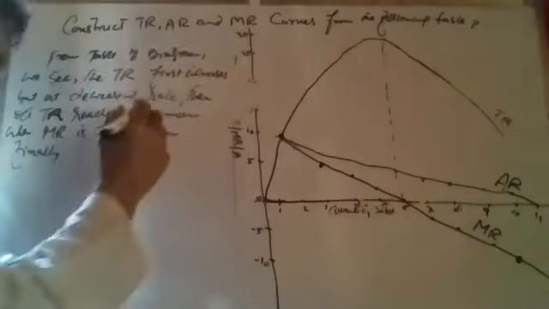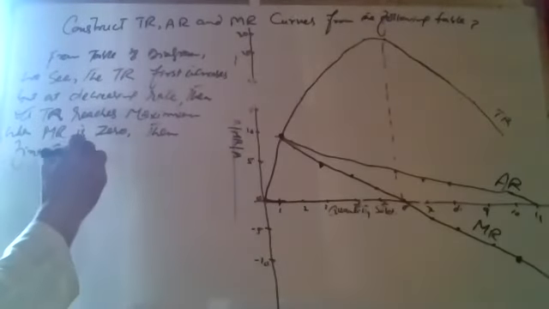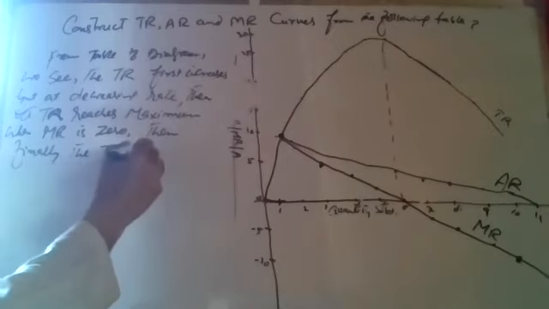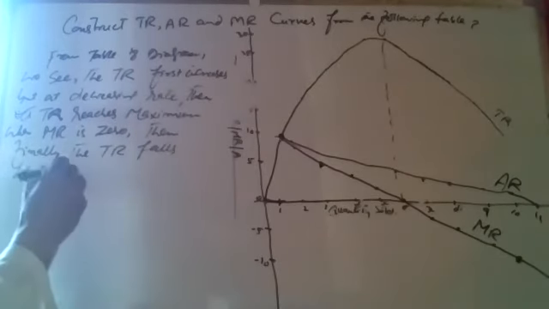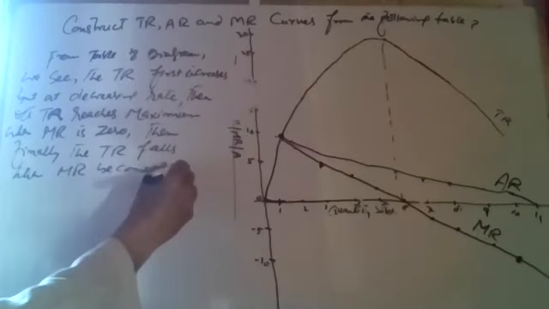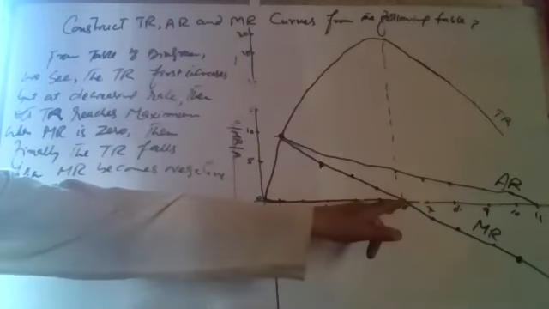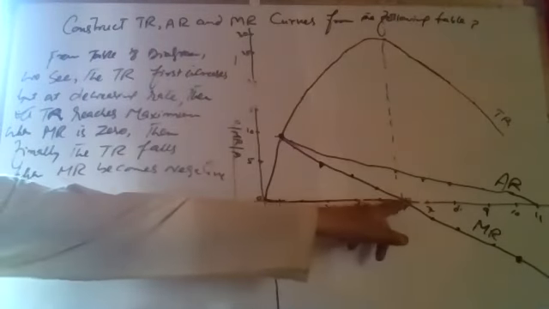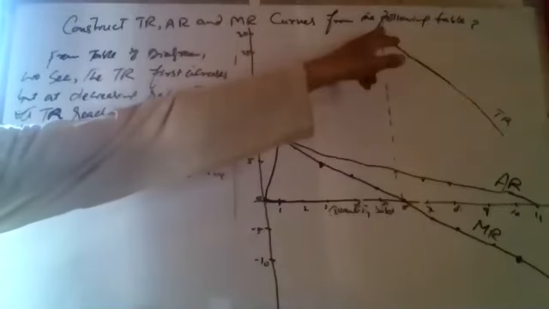Then finally the total revenue falls when marginal revenue becomes negative. So when marginal revenue starts becoming negative after output level 6, the total revenue falls.